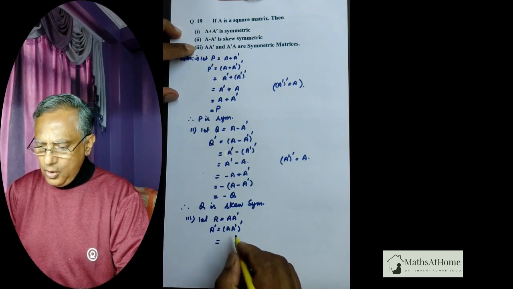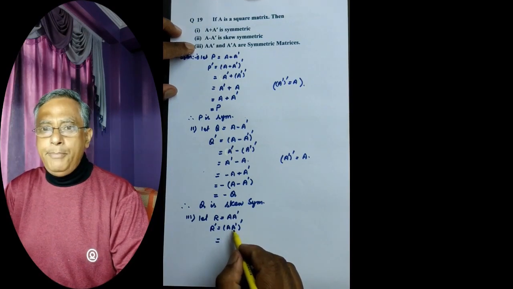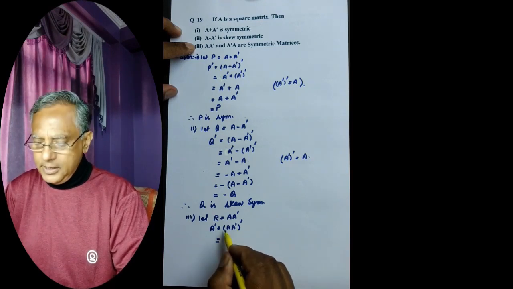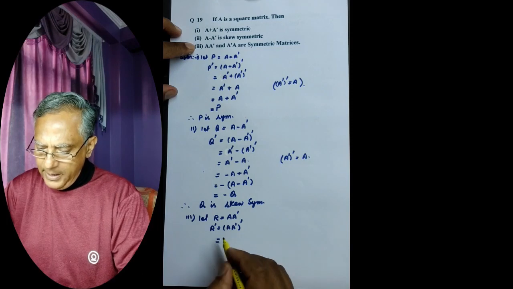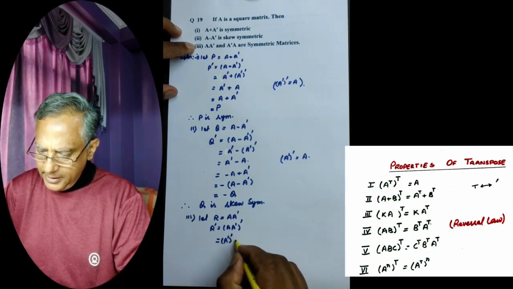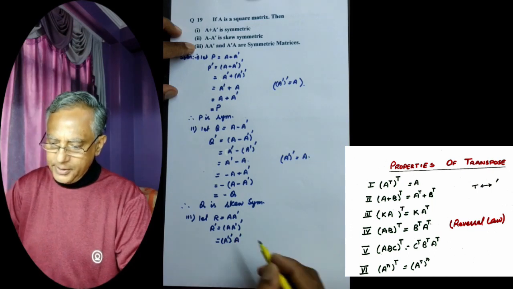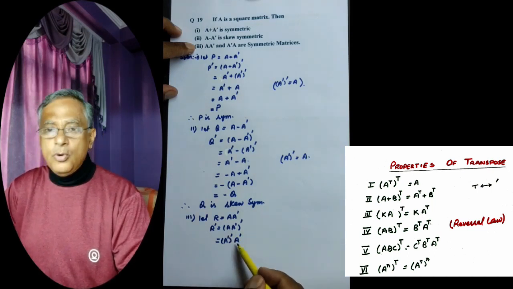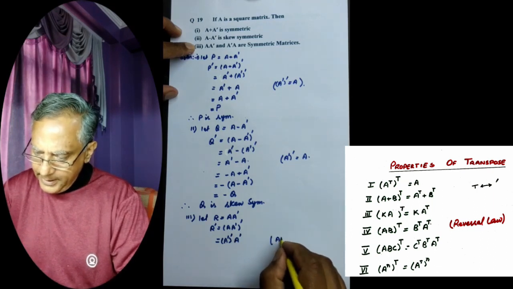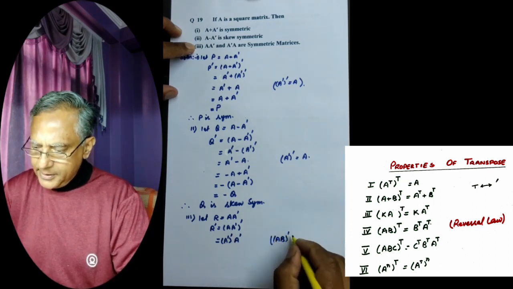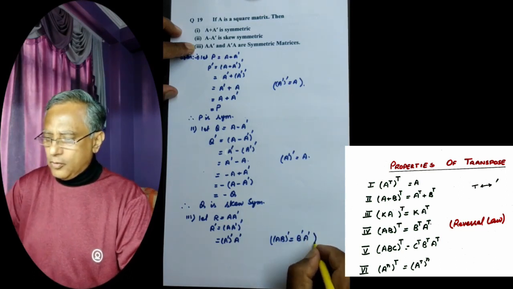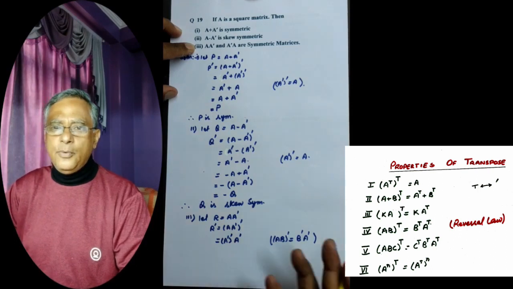Now we know AB transpose is B transpose into A transpose. That is, the reversal law is true. The order of these two matrices will be reversed. So what we get is A dash dash into A dash. We know AB dash is equal to B dash A dash. Order of the matrices is reversed.